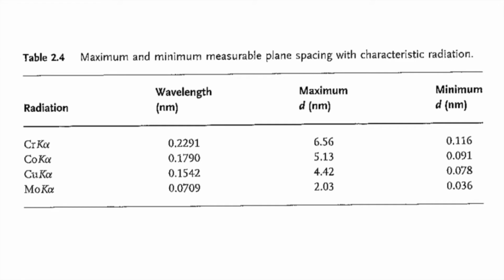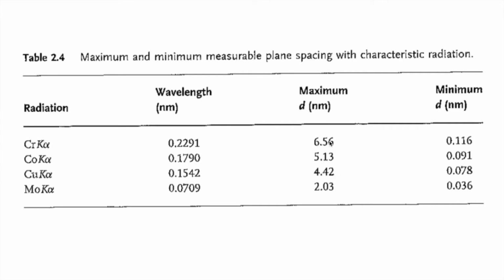And the thing about each of these radiations is they're going to give you a different range of detectable d-spacings or interplanar spacings. So chromium goes up and has the highest maximum d-spacing, but doesn't go down as far. Cobalt is a little bit lower, but then goes down lower on the minimum. Copper is kind of in the middle.